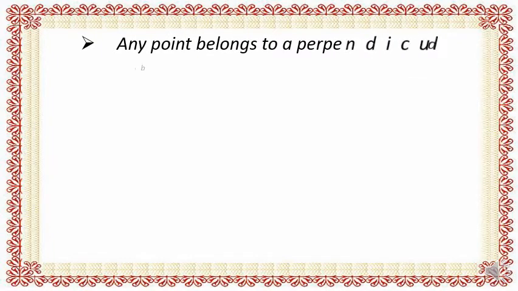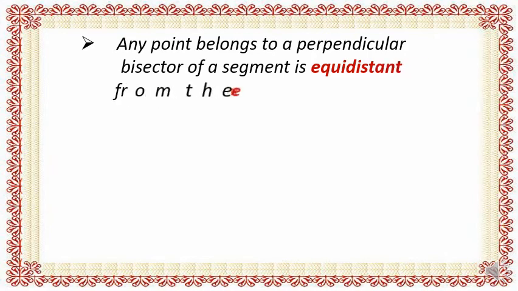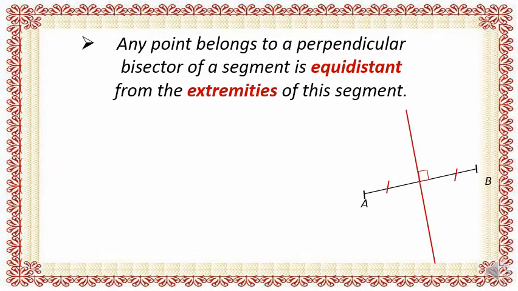So what do we conclude? We conclude that any point belonging to the perpendicular bisector of a segment is equidistant from the extremities of this segment. Equidistant means at equal distance. Take an example. This is segment AB. We draw the perpendicular bisector D of this segment AB.